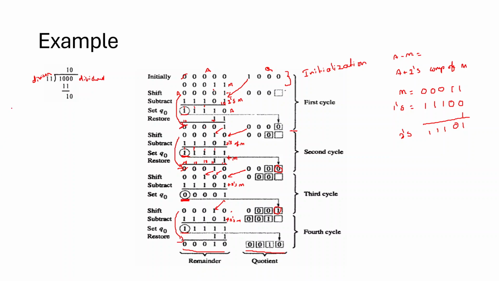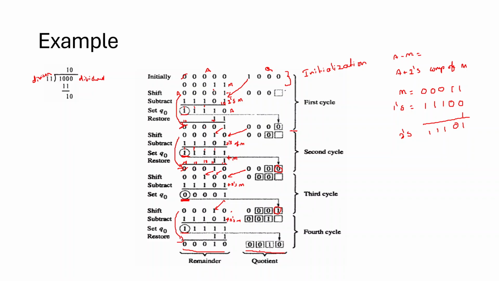Check here, the quotient is 10, the remainder is also 10. Initially the register A is initialized as 0, and Q has the dividend value. Now A is the remainder and Q is the quotient.